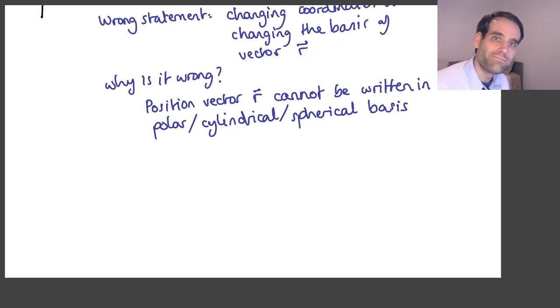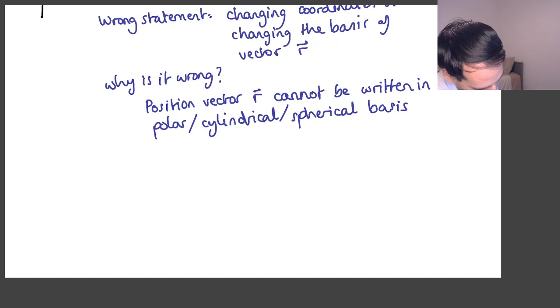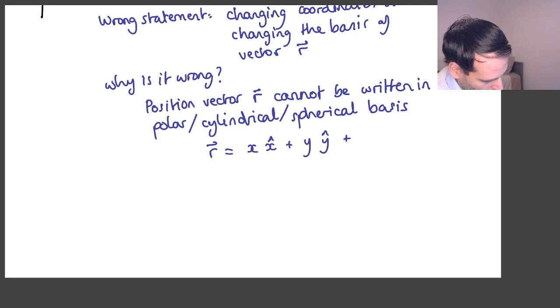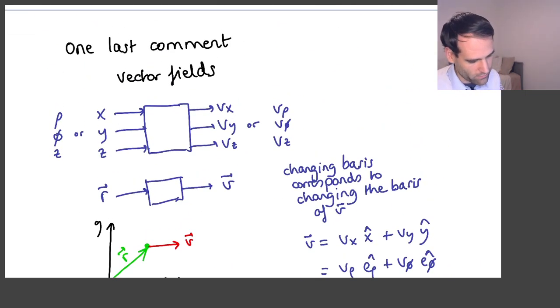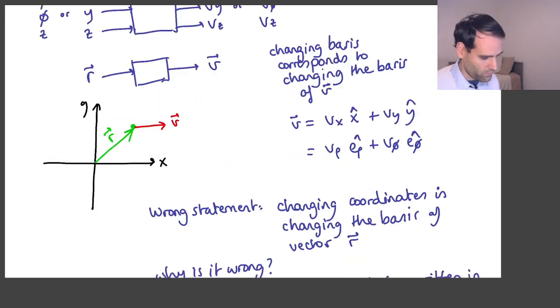Why not? Think about it for a second. The position vector is clearly x times x hat plus y times y hat plus z times z hat, and that will give you the three numbers x, y, z that define this position.